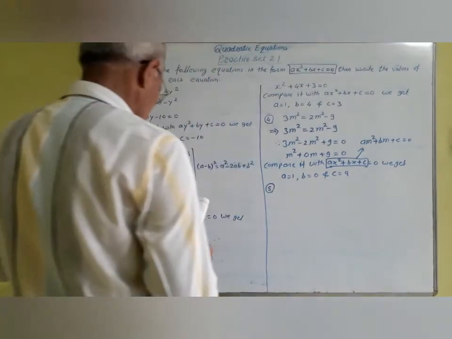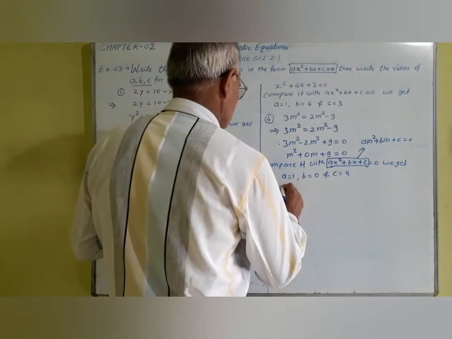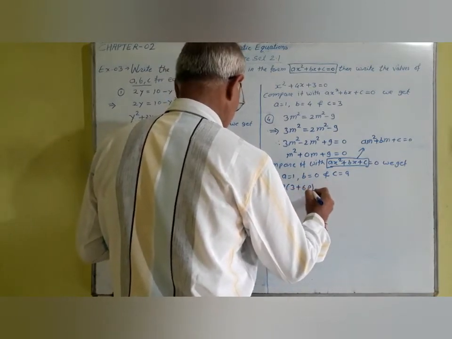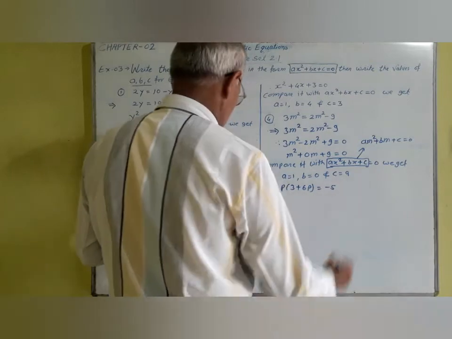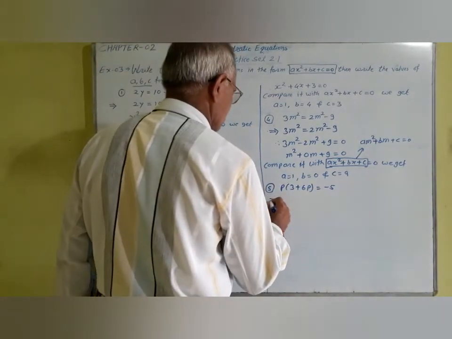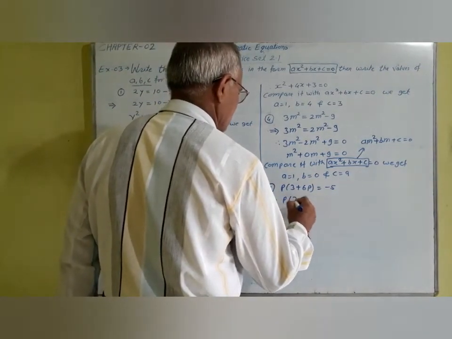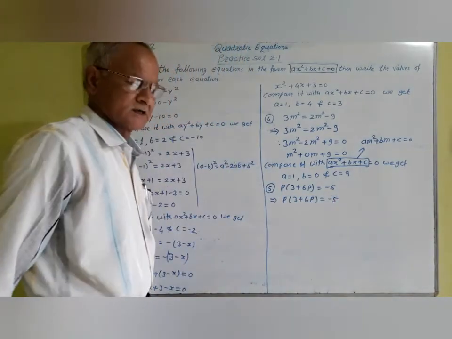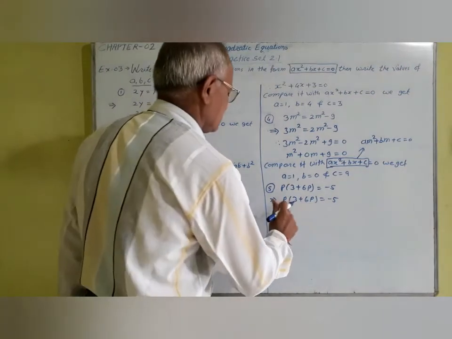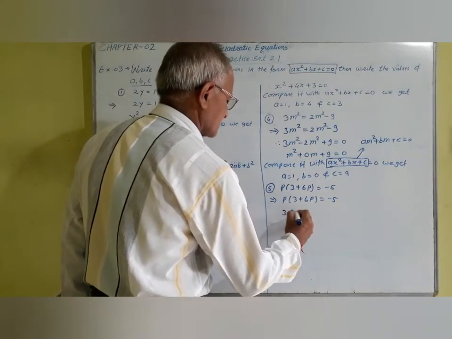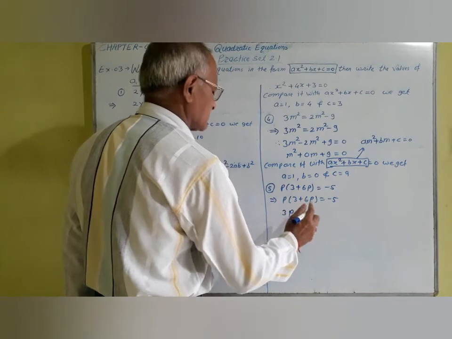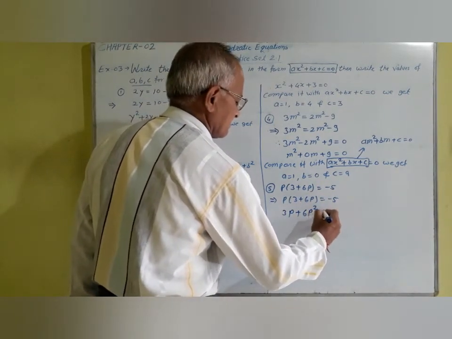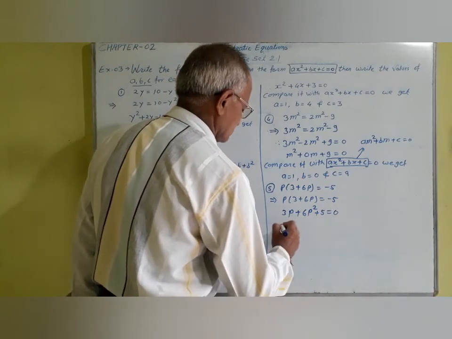Now fifth example, p in bracket 3 plus 6p is equal to minus 5. First of all, we write the given equation. p in bracket 3 plus 6p is equal to minus 5. Simplify this bracket. p multiplied by 3 is 3p, plus p multiplied by 6p is 6p square. Minus 5 taken to the left side becomes plus 5 is equal to 0.